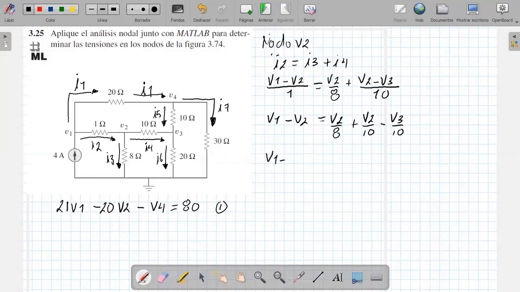It's going to be V1 minus V2 minus V2 over 8 minus V2 over 10 plus V3 over 10, all of that equal to 0, with V1 alone. So I'm going to put V1 here, and everything that has V2 is going to give me minus 49 over 40 V2, you can verify it, and V3 would be plus V3 over 10.